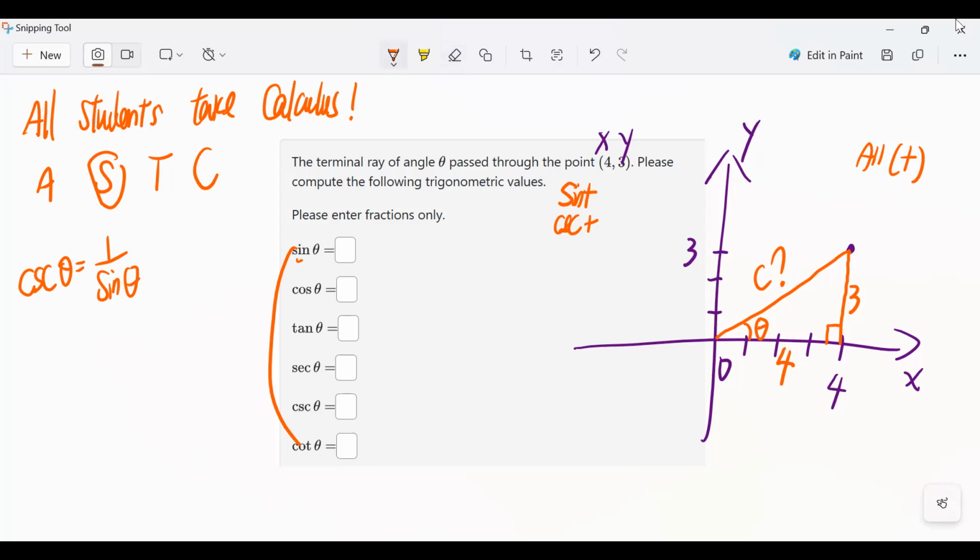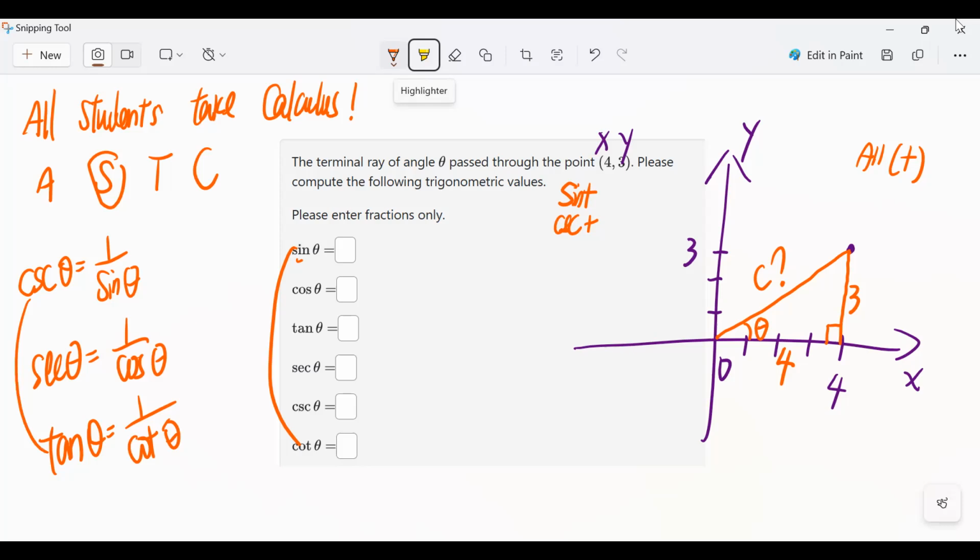Similarly, secant theta equals 1 over cosine theta. So if the cosine is positive, then the secant must be positive. Tangent and cotangent are very similar: tangent theta is 1 over cotangent. So these 3 are what we call the reciprocal properties of trig functions.